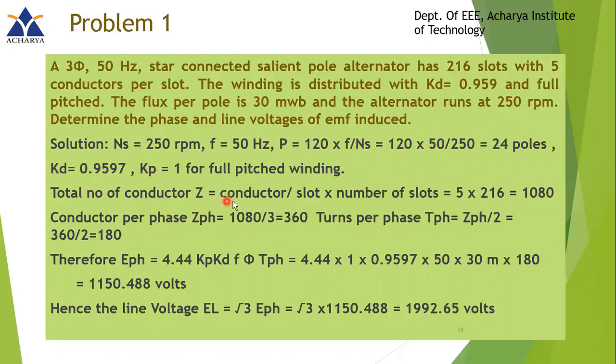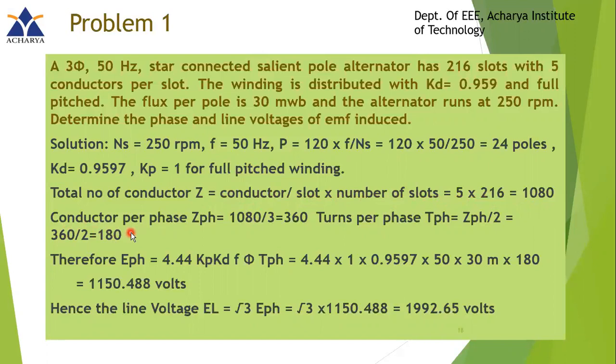So Z is nothing but the conductors per slot into the number of slots. If you do, slots will get cancelled, and you'll get the total number of conductors. Conductors per slot is 5, number of slots is given.